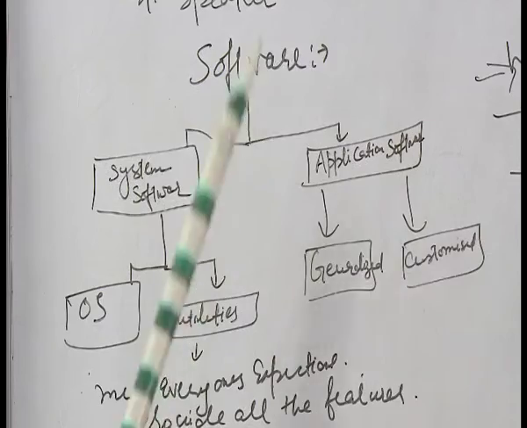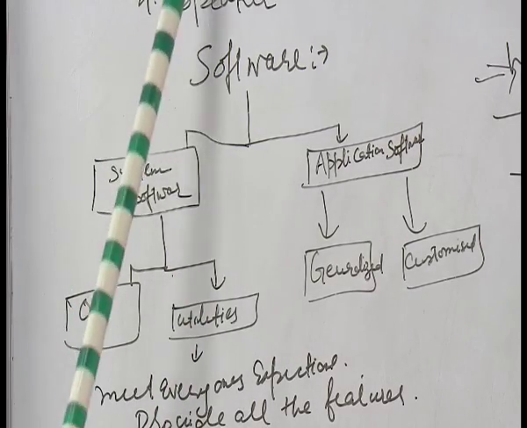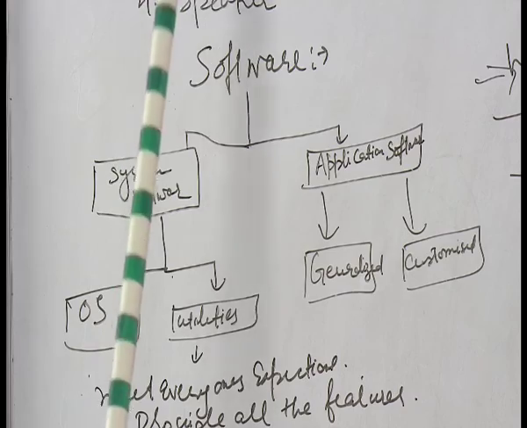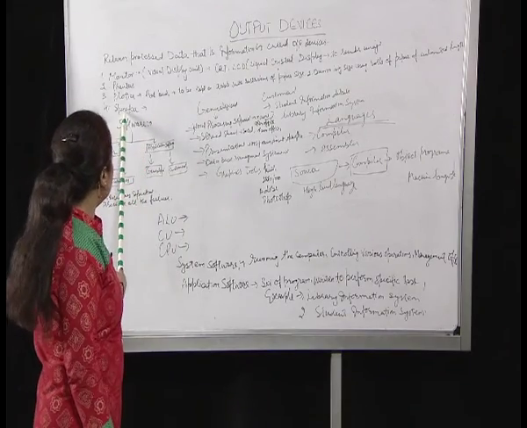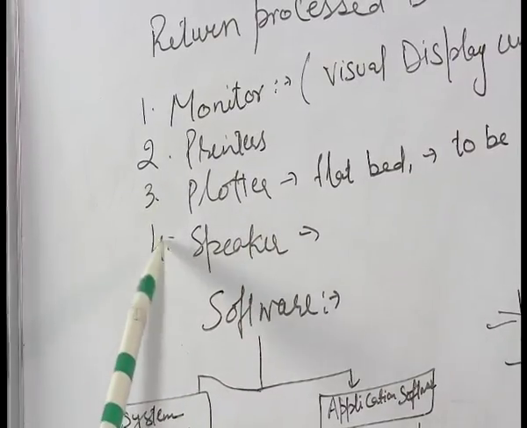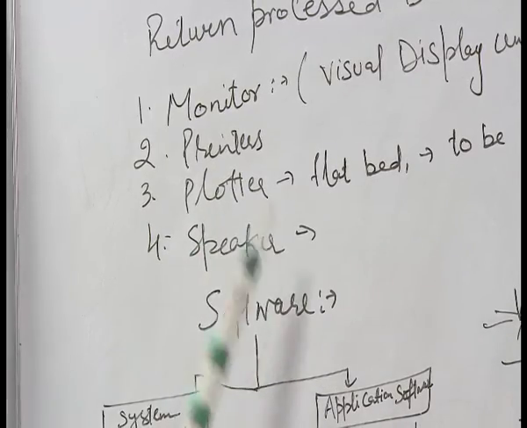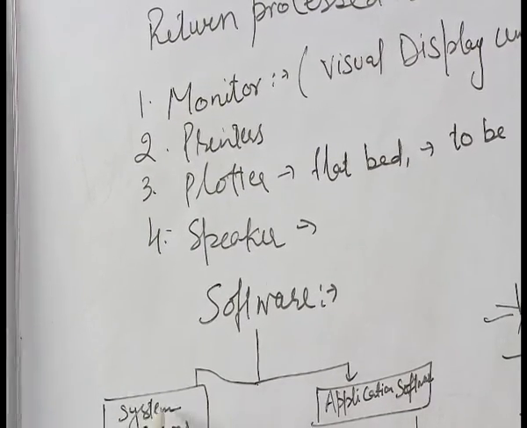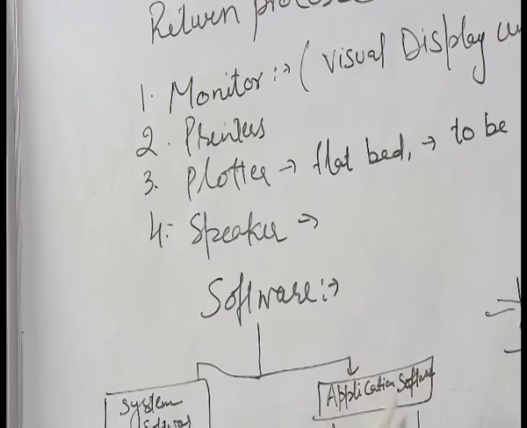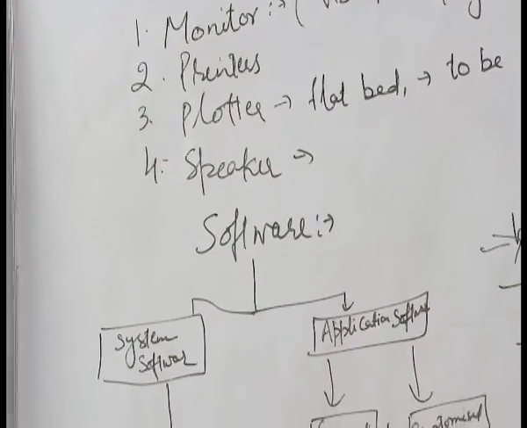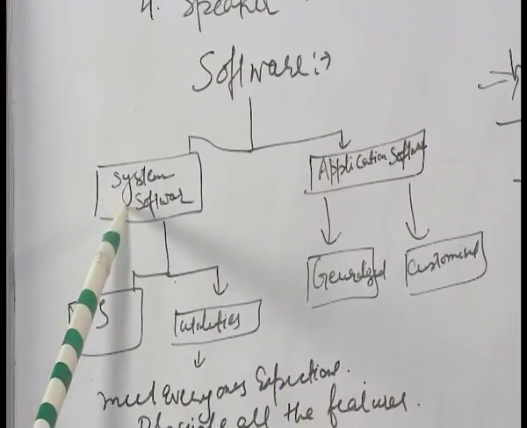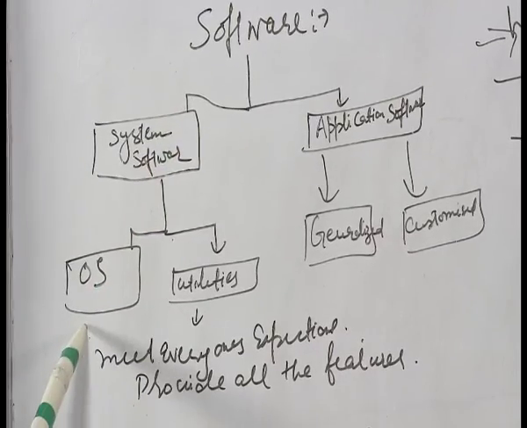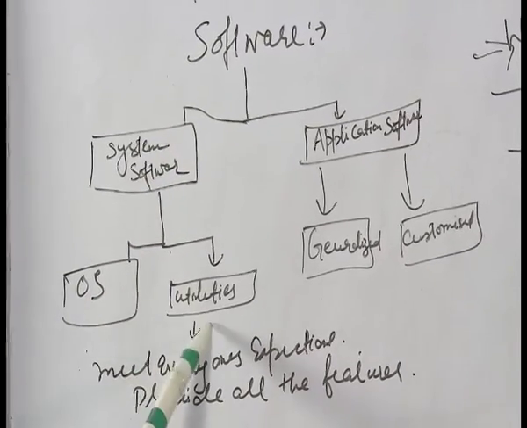We have discussed so far the different output devices of the computer and what software is. We have two kinds of software, system software and application software. In system software we have two parts: the operating system and utilities.